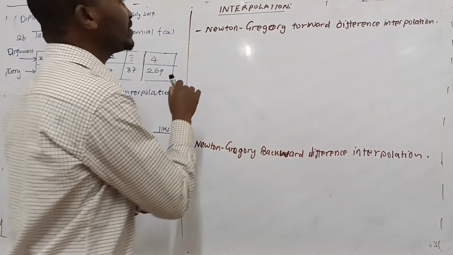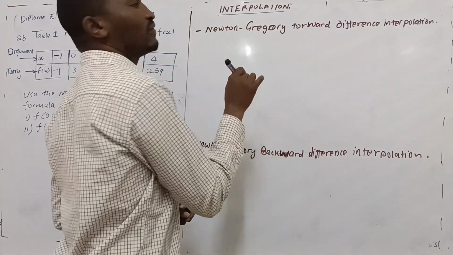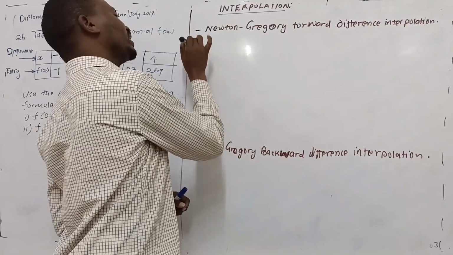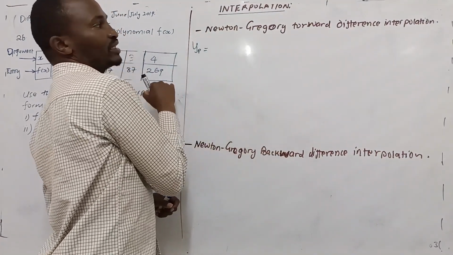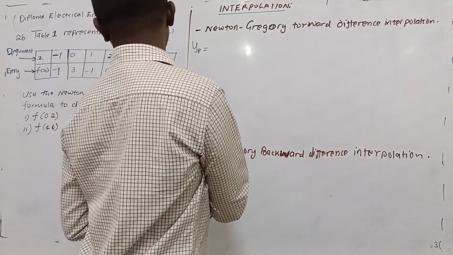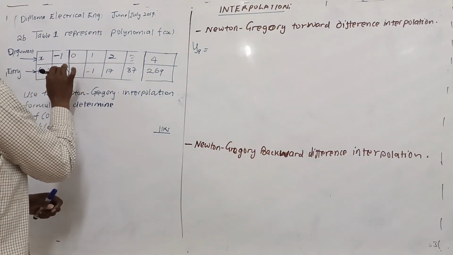Now, the difference interpolation formula states that the value of the entry you want to find, we call it YP. For example, in this case, our YP will be here.